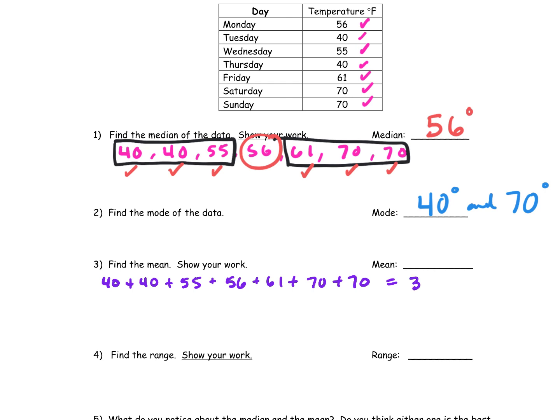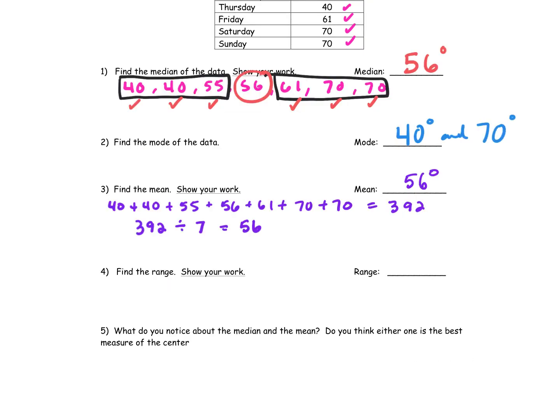The sum is 392. So we take that sum, our total, and divide it by the number of data items. Since this is 7 days of temperatures, there should be 7 temperatures there. And again, you can use your calculator. You may pause if you need to. And that answer should be 56.